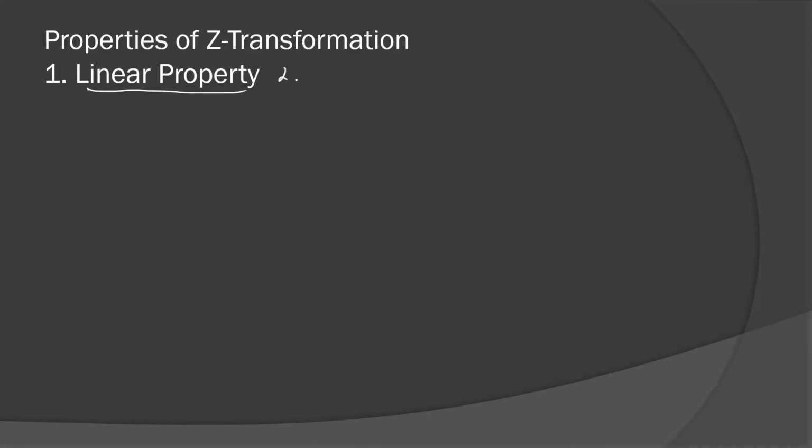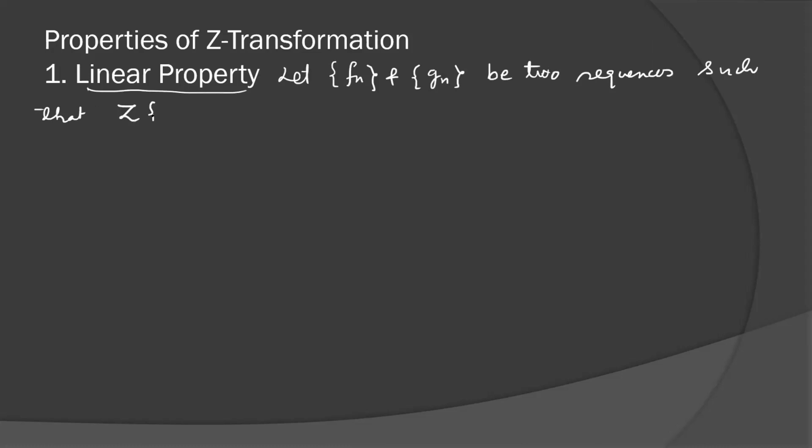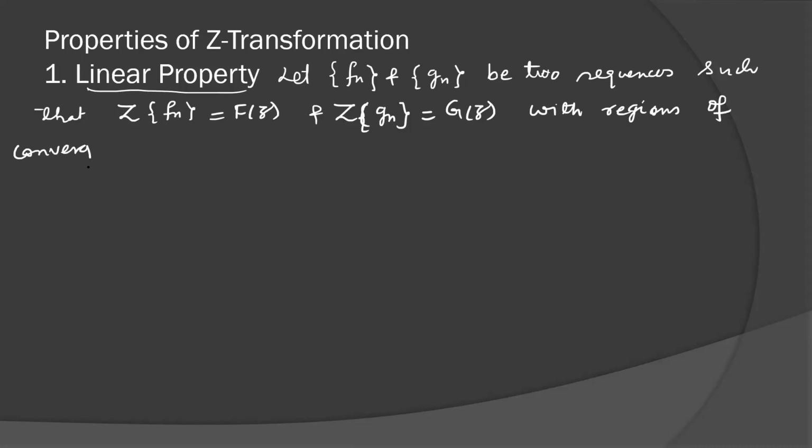So let Fn and Gn be two sequences such that Z transformation of Fn is f of z, and Z transformation of Gn sequence is g of z, with regions of convergence mod z greater than 1 over r1, where r1 is the radius of convergence for the Fn sequence, and mod z greater than 1 over r2 respectively.